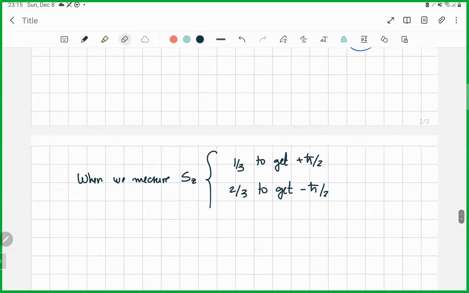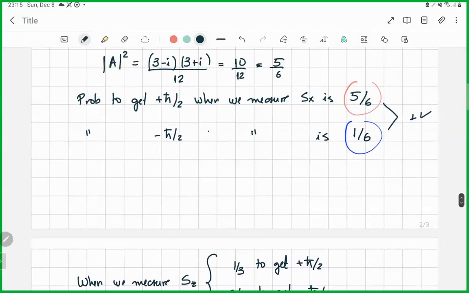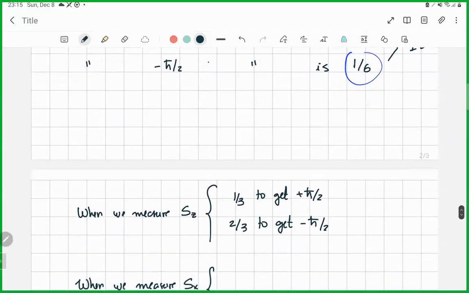Very good. Let's also put the other case when we measure the spin in the x direction. We had probability 5/6 to get it pointing up, to get plus h bar over 2 in the x direction.